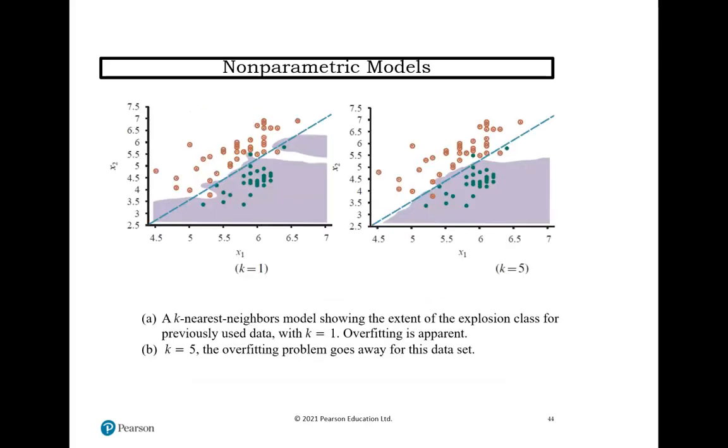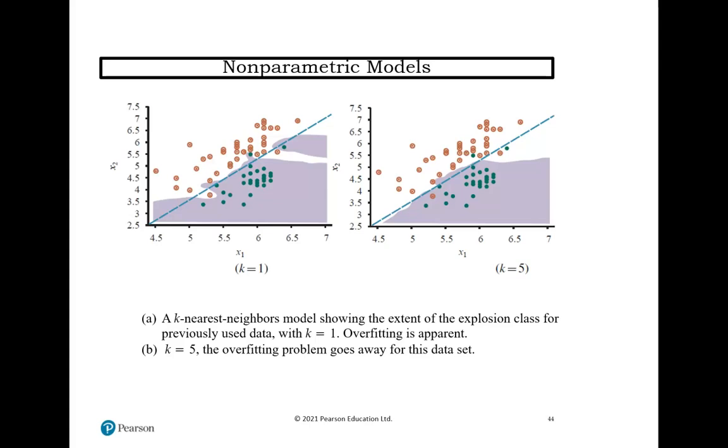So in that case, k nearest neighbor would give us this boundary right there. It's not a linear boundary, it's that shaded area. As k increases, obviously if you just use k equal 1, you're using the one nearest neighbor. In that case, you're overfitting because you're just finding the nearest point to the new restaurant and using that.